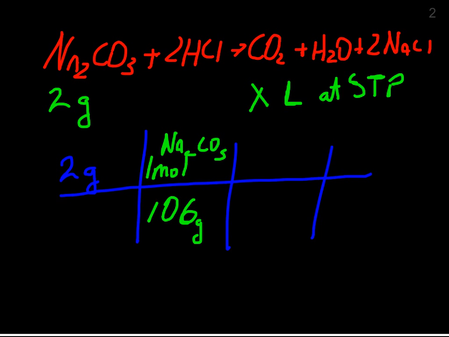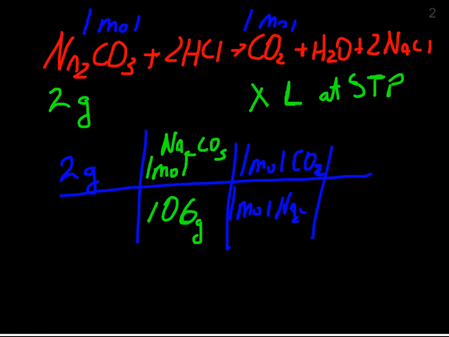I'm looking at the mole ratio from the balanced equation that says there's going to be 1 mole of sodium carbonate for every 1 mole of CO2. It's 1 to 1, right? So there will be 1 mole of CO2 for every 1 mole of sodium carbonate, Na2CO3.